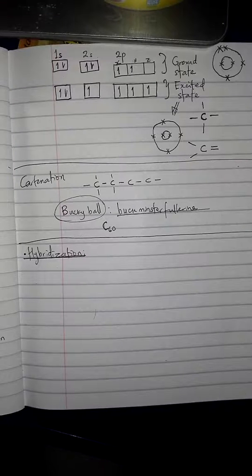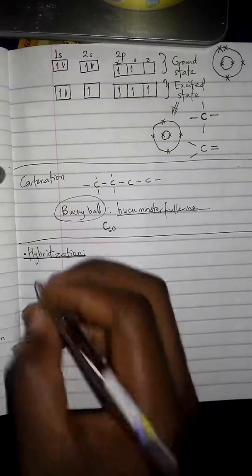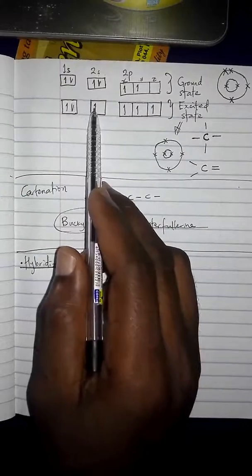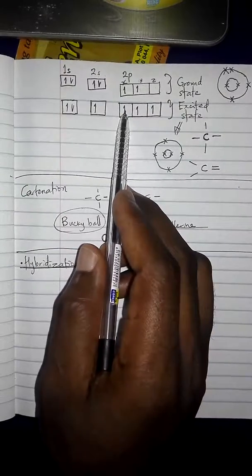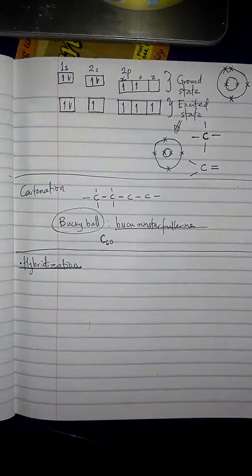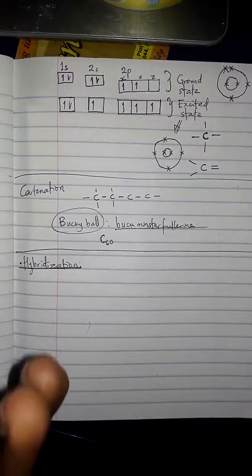Don't cram that, you don't need to cram that. We're saying that when you have orbitals, of course these are orbitals: this 1s orbital, this 2s orbital, this 2px orbital, this 2py orbital, this 2pz orbital. We can have them mixing or blending.